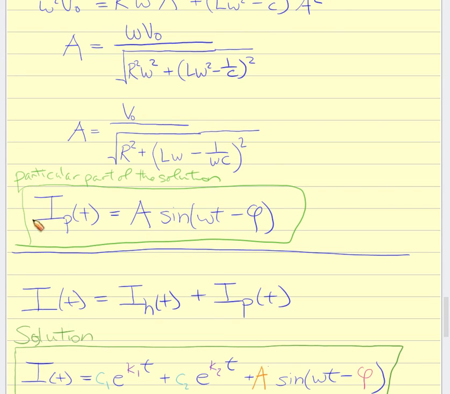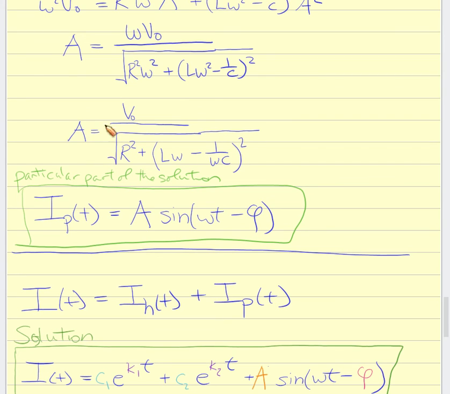So this is rewriting what we started out as our guess, but the only difference now is we have an expression for the unknowns A and phi in terms of all the other variables that we've already defined as known.